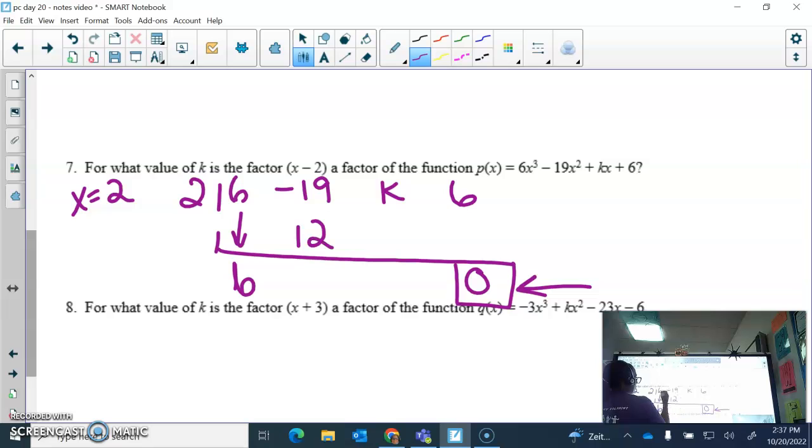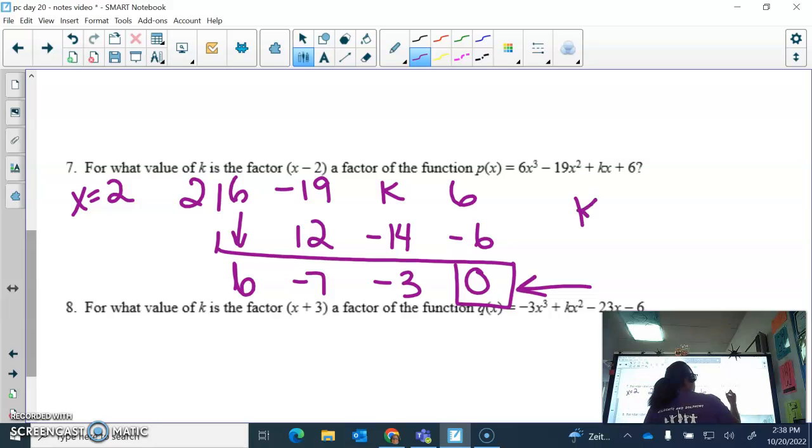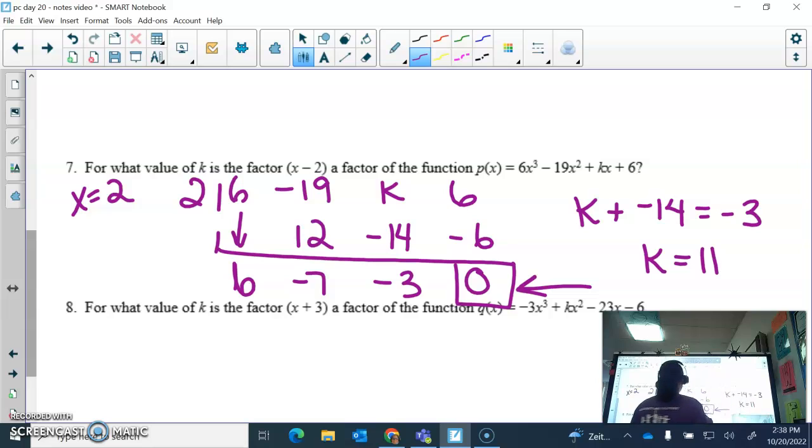We can start going this way, and then we can go this way. So 6, 2 times negative 3, so negative 7. Okay, so then k plus negative 14 is negative 3. K is 11.